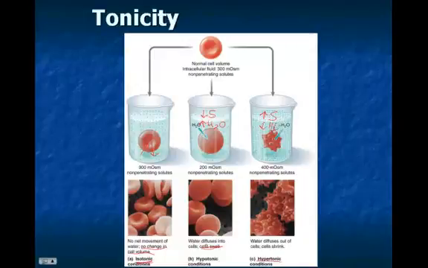So that means that water is in a lower concentration outside the cell than it is inside the cell. So sure enough, you guessed it, water is going to move down its concentration gradient from a higher concentration inside the cell to a lower concentration outside the cell. And sure enough, that cell is going to shrink.